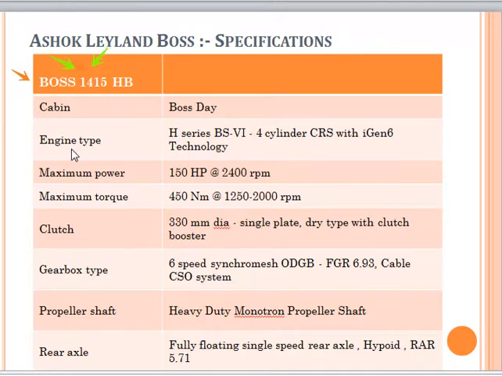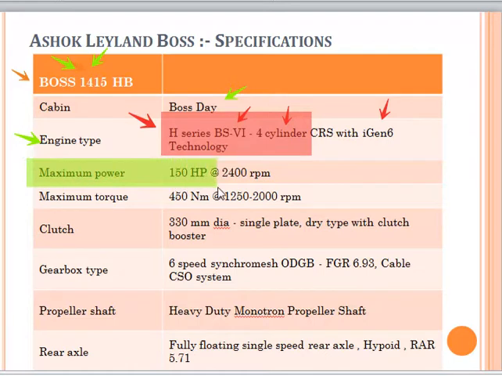Now the cabin is what? It is an enclosed cabin. The engine type, now what is the engine type? They have the H series engine, which is BS6 compliant, 4 cylinder. iGen, that is intelligent 6th generation technology, is what they call that engine. So basically it is a BS6 compliant engine.